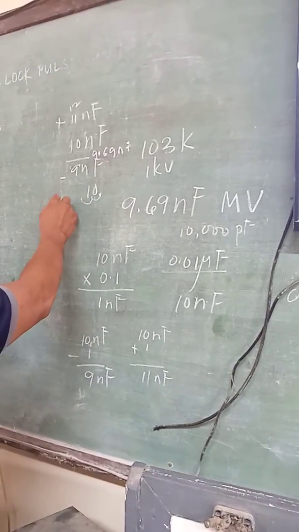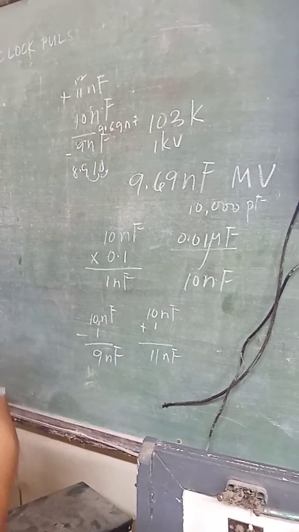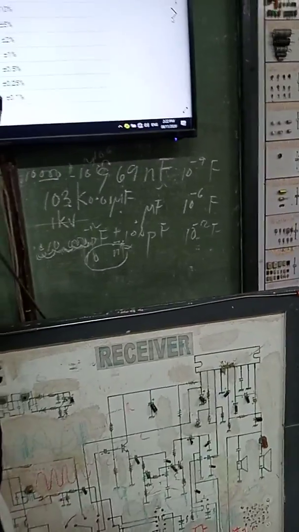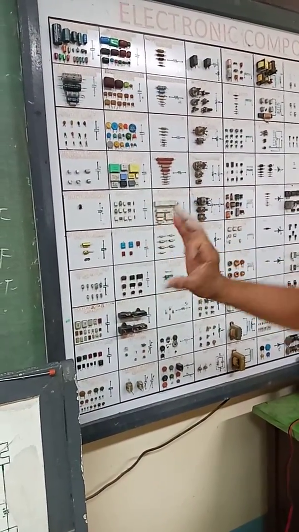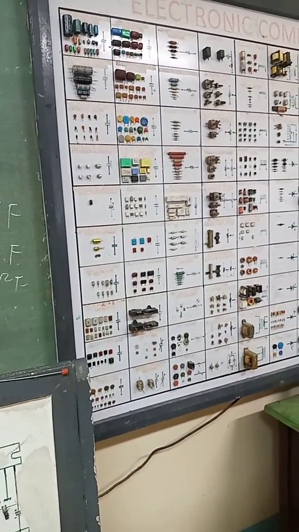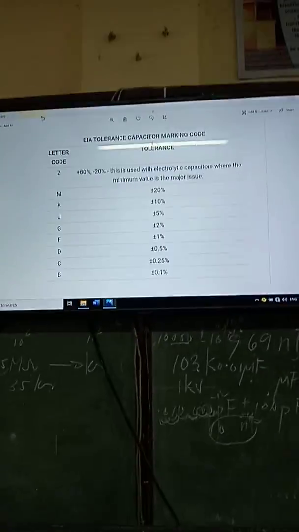Below 9 nanofarad, let us say 8.9, is considered bad because it is not within the tolerance limit, just like in resistors also. That's the way we convert, read, or translate the numerical code for a capacitor into capacitance.